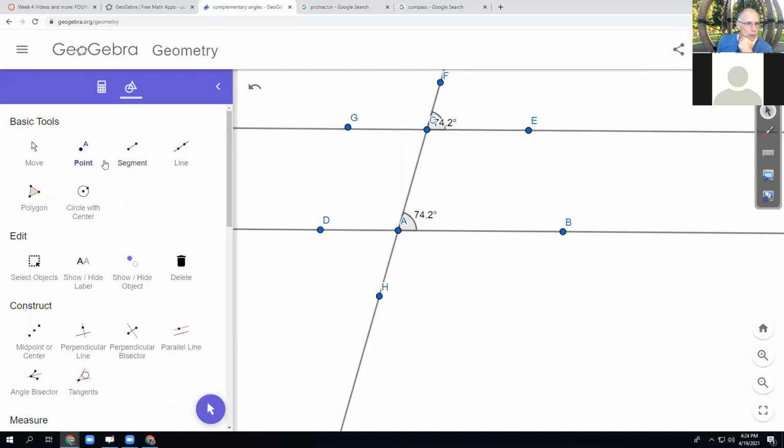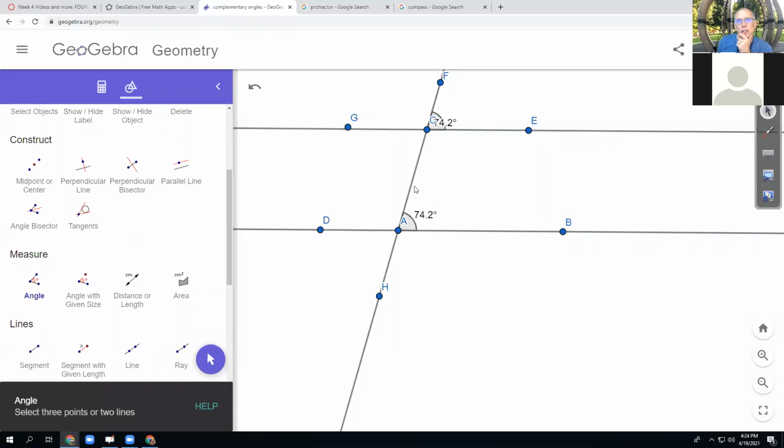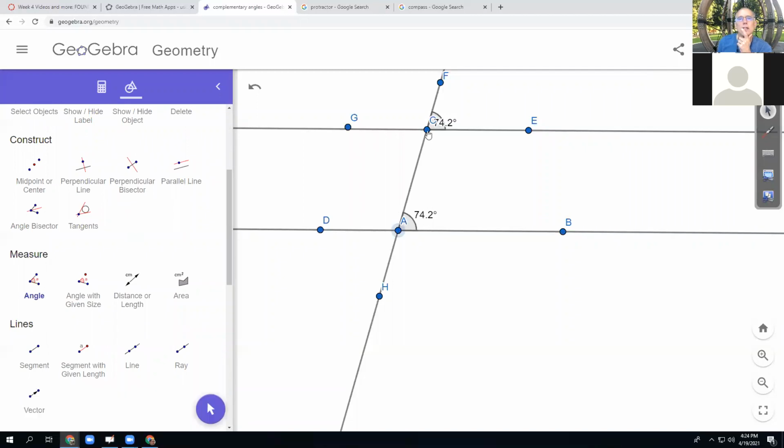So with a few more points, I can more specifically measure each angle. So let's see, A, C, E, there we go, that's one of them. F, C, G, there's another one.